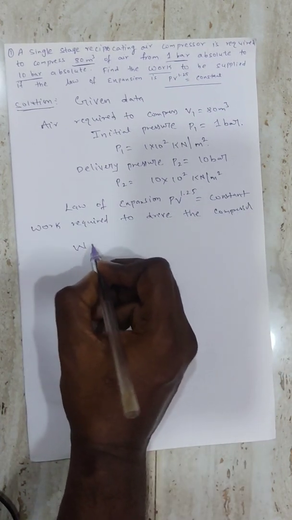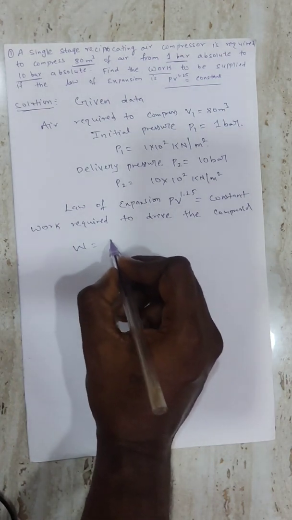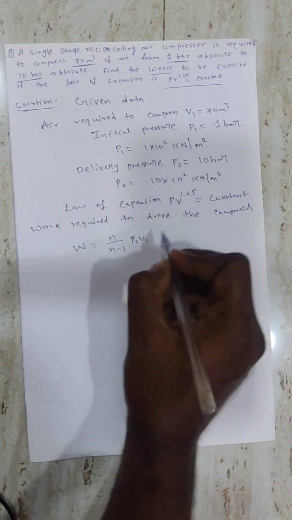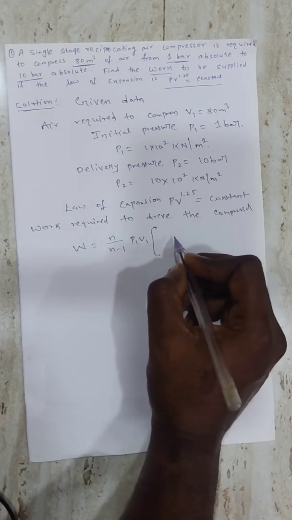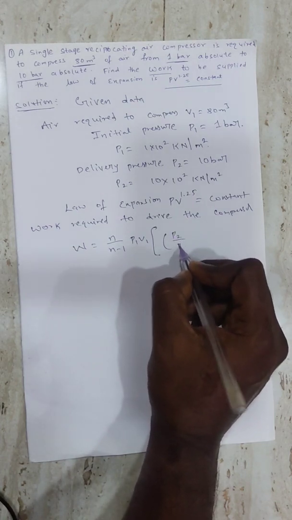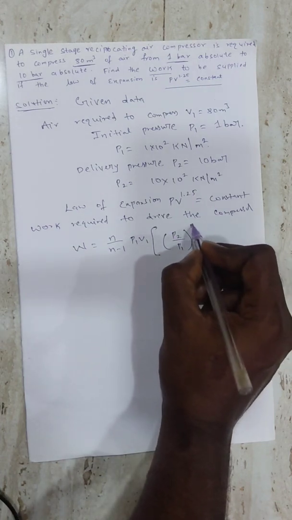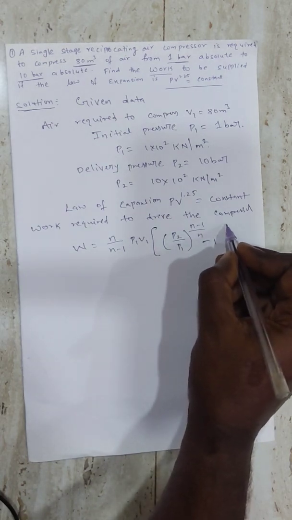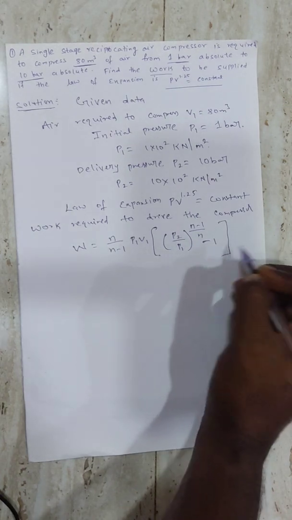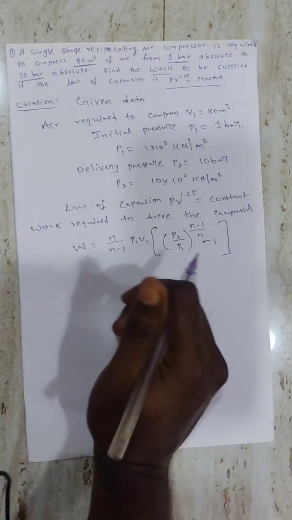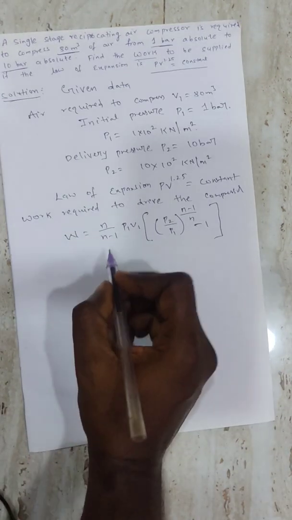W is equal to N by N minus 1 into P1 V1 into [(P2 by P1) whole to the power of (N minus 1) by N, minus 1]. This is the formula for the work required to drive the compressor in a single stage reciprocating compressor.